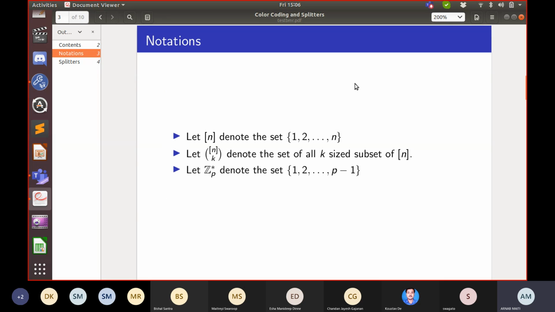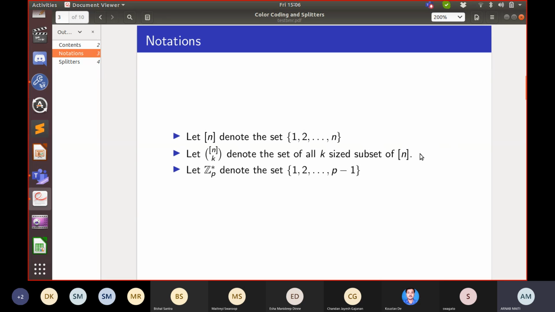Before we start, these are some standard notations which we follow. This bracket n denotes the set 1 to n, and this notation represents the set of all k-sized subsets of this set.